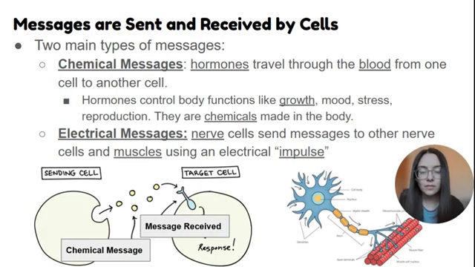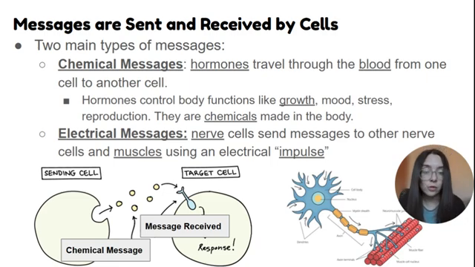Okay, now there's a few different types of messages that are sent and received by cells. So the two main types are chemical messages. Chemical messages are typically hormones. These are chemicals that are made by the body, so they're not bad or anything, but they're made in the body.